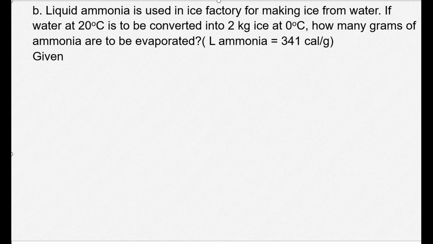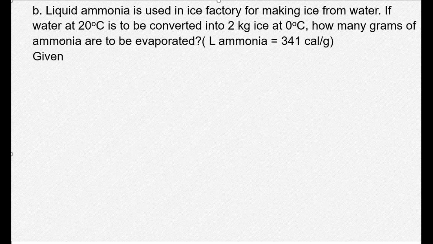This lost heat is gained by ammonia, and due to the gain of heat, ammonia will get evaporated. We have to calculate how many grams of ammonia are to be evaporated. This is the question.